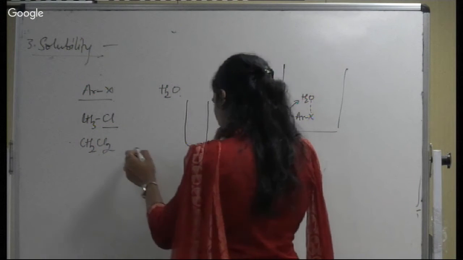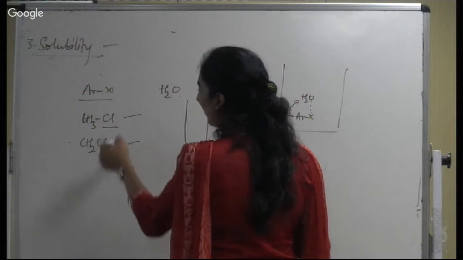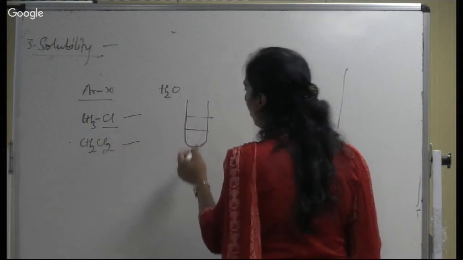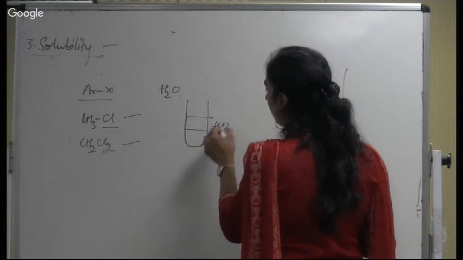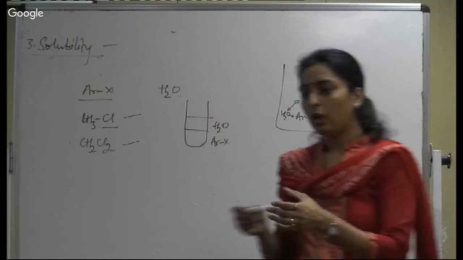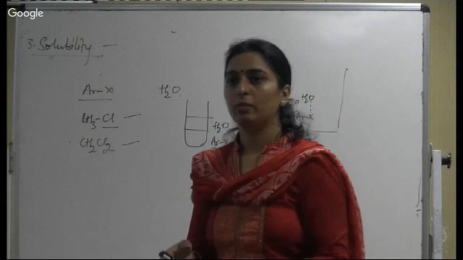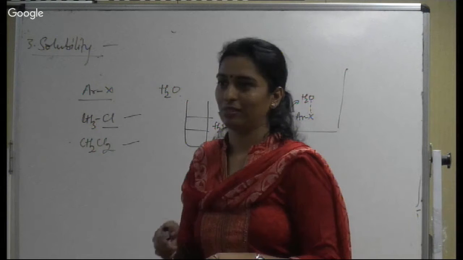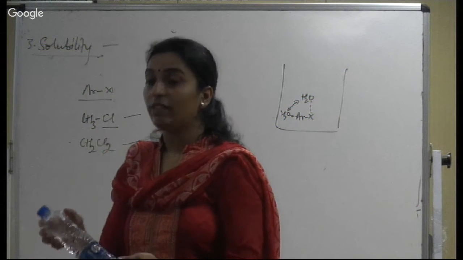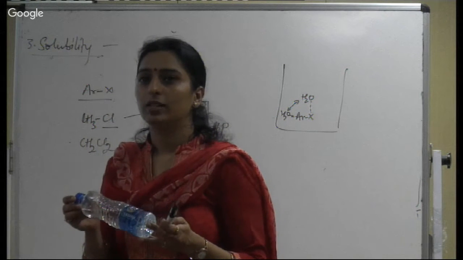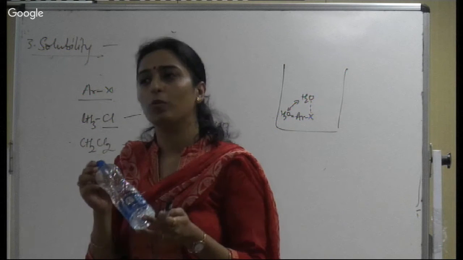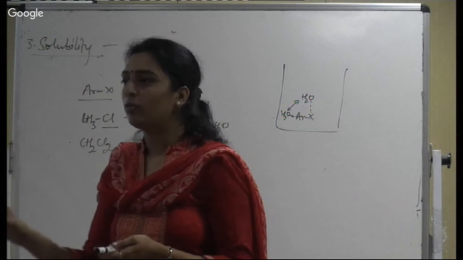Without testing, you can tell me which one is the aqueous layer. Suppose you have a mixture of water and some aryl halide. They are denser. Just by picking up the bottle, you can tell me that it's a halogenated compound, because that would be denser. Like suppose I fill dichloromethane, or chlorobenzene or bromobenzene in this, the weight of the bottle would be heavy.